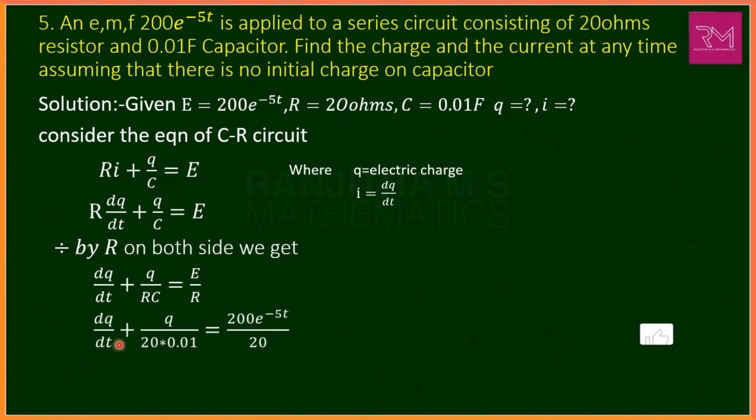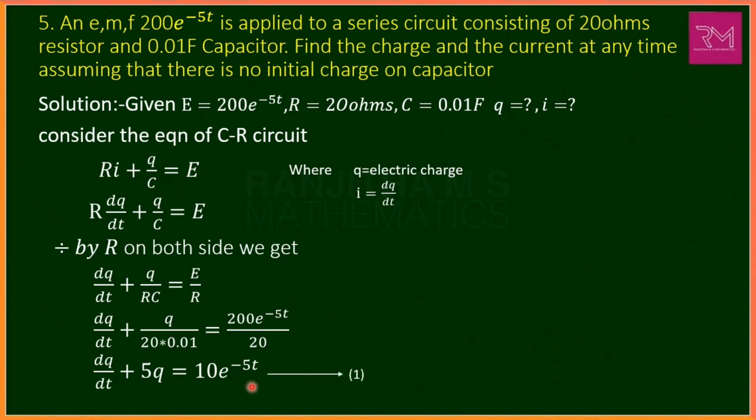We get dQ by dt plus 5Q is equal to 10 e to the power minus 5t. Now we can conclude this is a linear differential equation.